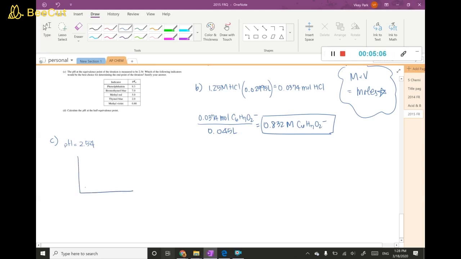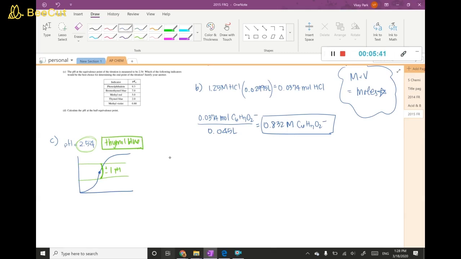So if you remember, if this is the titration curve and that is my equivalence point, the indicator has to be able to encompass a plus or minus 1 pH value. So we're looking at something that is going to encompass that plus or minus 1. So that looks like it's going to be thymol blue. So the answer is thymol blue because it's plus or minus 1 pH.